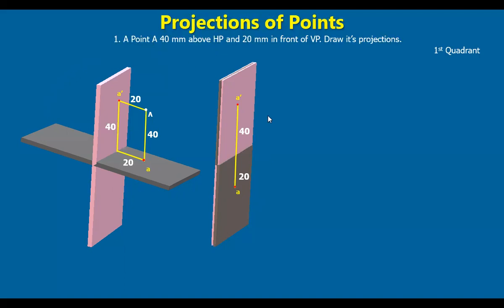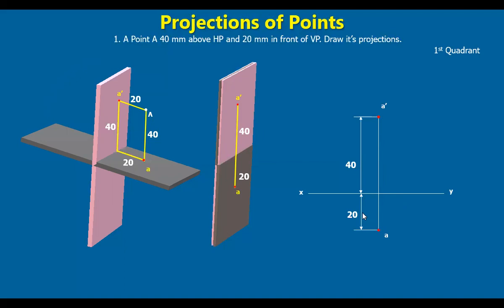Now let's represent on a two-dimensional paper. Take XY line, a thin continuous line, right? Draw a perpendicular to this and mark 40 mm here. And at a point 40 mm height, you mark this point, that is called A dash. Show the distance, show the dimensioning, extend this line, and this is the top view of this point A. Okay, and draw an extension line and a dimension line.